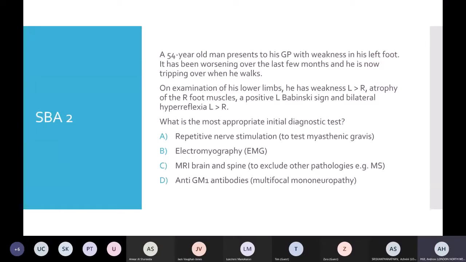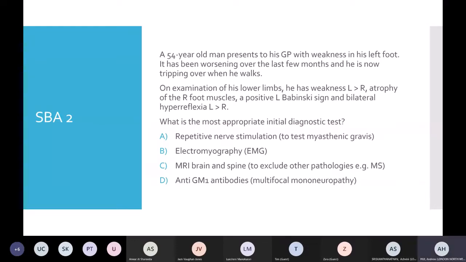Okay, so the second question. A 54-year-old man presents to his GP with weakness in his left foot. It has been worsening over the last few months, and he is now tripping over when he walks.